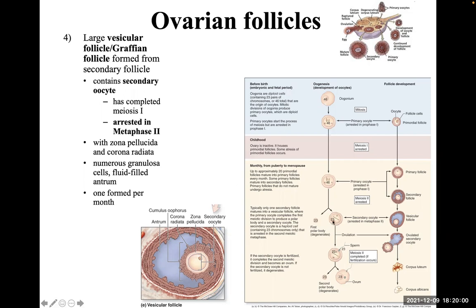These are haploid cells because there's just 23 unique chromosomes, but these chromosomes are stuck to their sister chromatids. So these are not functional haploid gametes, right?